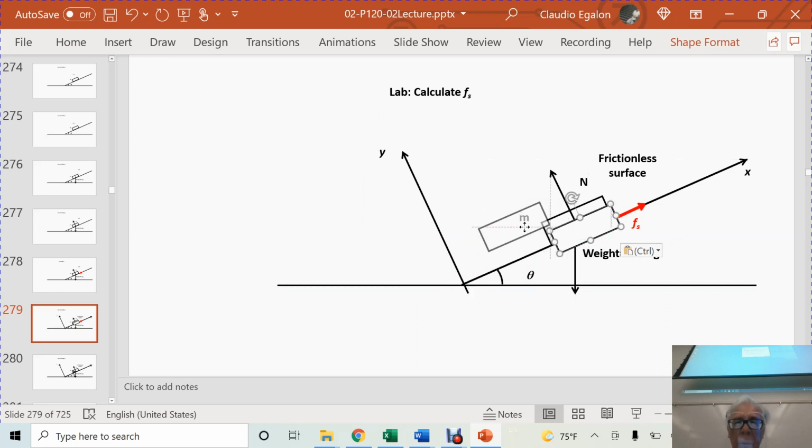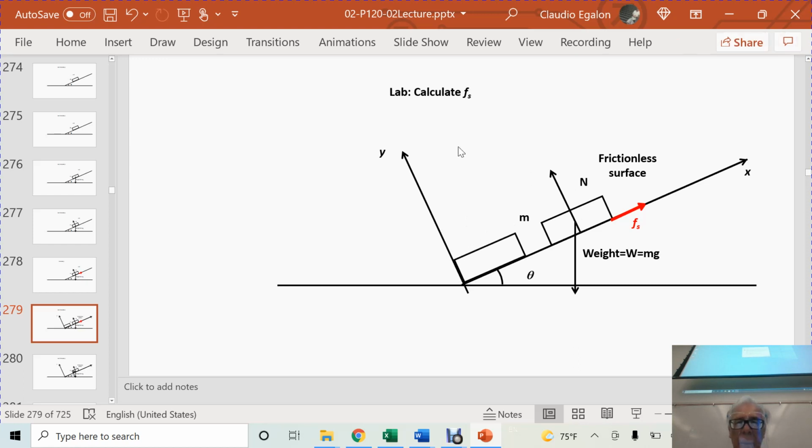Oops. Oh, here you go. Those mouse pads are so terrible to use. Here you go.